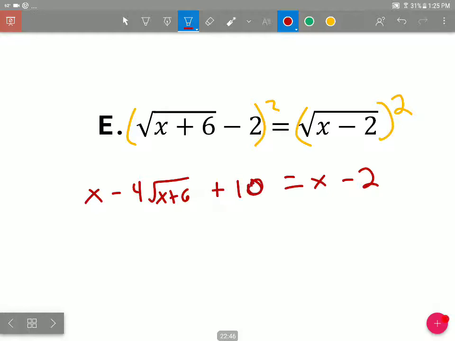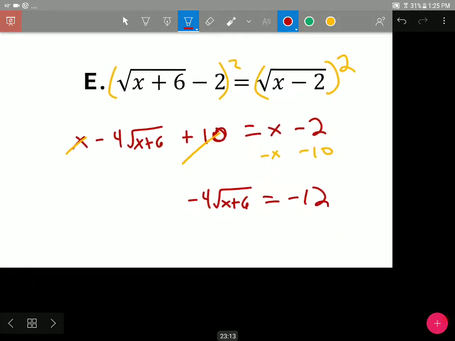So we squared it and got rid of one radical. From here, revert back to your initial equations and you just isolate the radical you got and square it again. So I'll subtract the 10 and subtract the x. And we're left with negative 4 root x plus 6 equals really just negative 12.